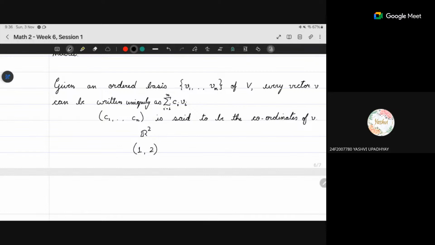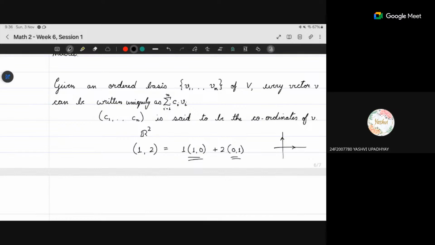And why do you say that? Because this thing can be written as 1 times (1, 0) plus 2 times (0, 1). And these are the standard coordinate vectors in the x and y direction. So this is your (1, 0), and this is (0, 1). And every vector can be written as linear combinations of these two vectors uniquely in R2.